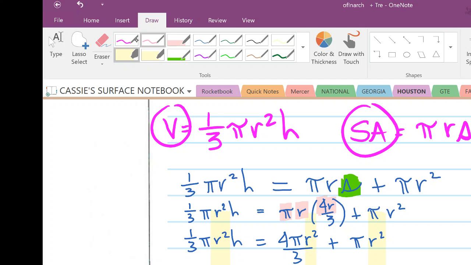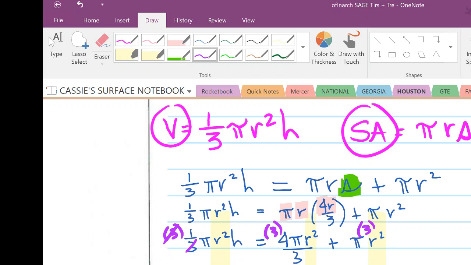Also, there are fractions. The first thing I'm going to talk about is the fractions. I've got a third and a third here. I don't like dealing with fractions. It increases the likelihood that I make a mistake. So I'm going to multiply every term on both sides by 3. My rationale is there, 3 into 3 gives me 1.